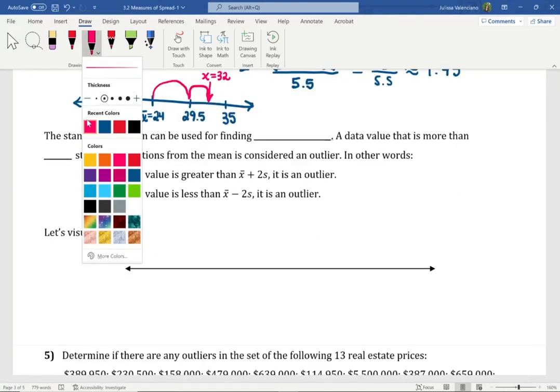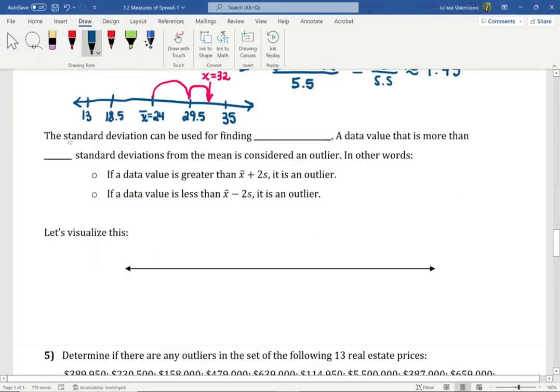Now, I also want to show you how you can find outliers, also known as extreme values, using the standard deviation. So let's write: the standard deviation can be used for finding outliers or extreme values. And here's the rule. A data value that is more than 2 standard deviations from the mean is considered to be an outlier.